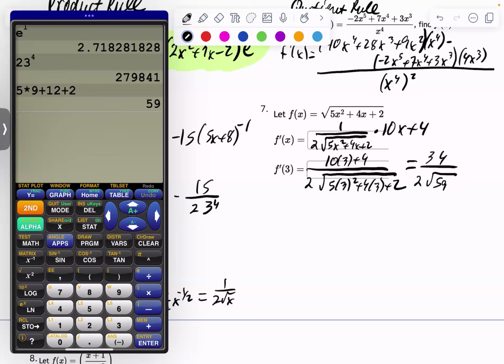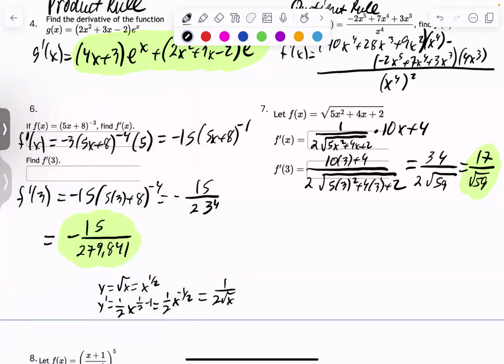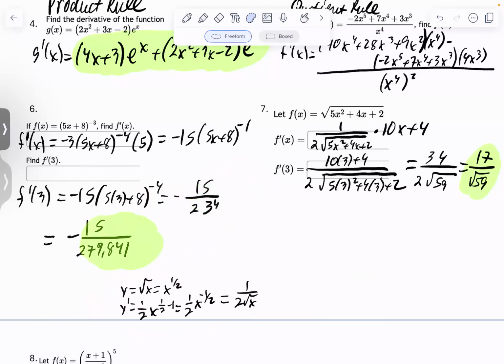There is, and that even reduces to 17 over root 59. And I suppose if I was a good teacher, I would rationalize the denominator, but that's not the point of this particular problem. This particular problem is getting from point A to point B. And once again, I want to emphasize that all of this is how I got, undo.